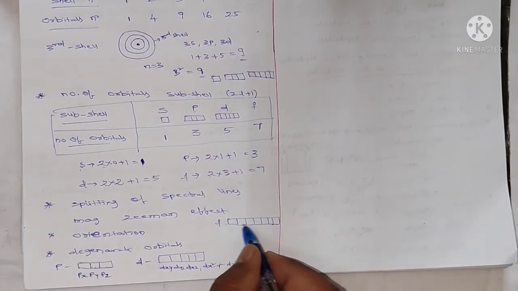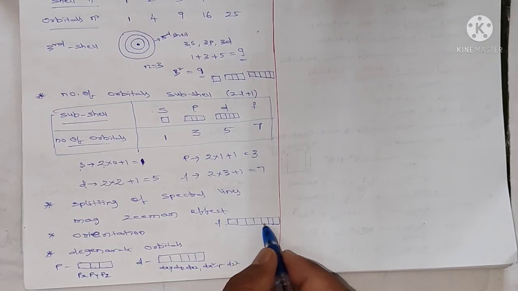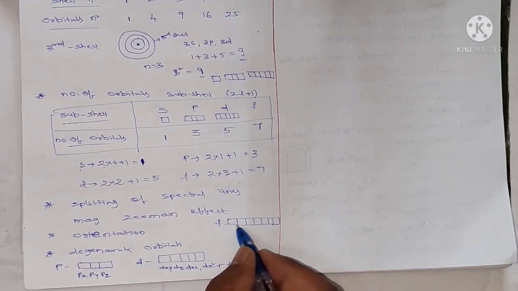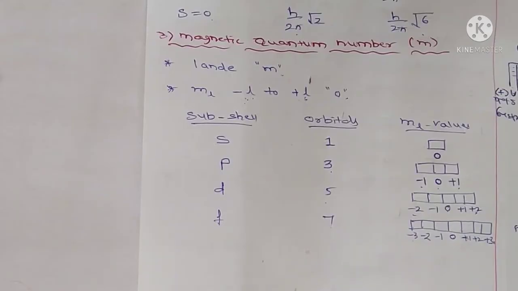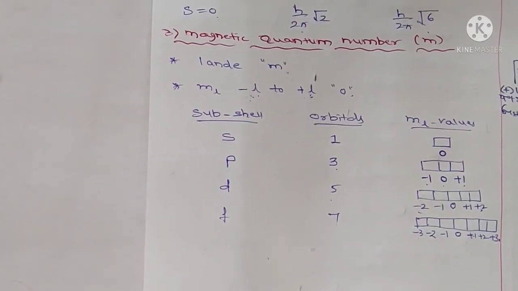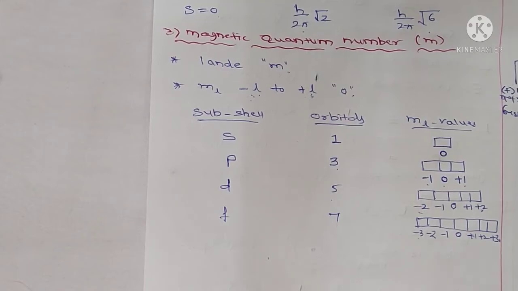These 7 f orbitals have the same energy, so these orbitals are called degenerate orbitals. And these 5 d orbitals have the same energy, so they are called degenerate orbitals, same as these 3 orbitals. This is about the magnetic quantum number.